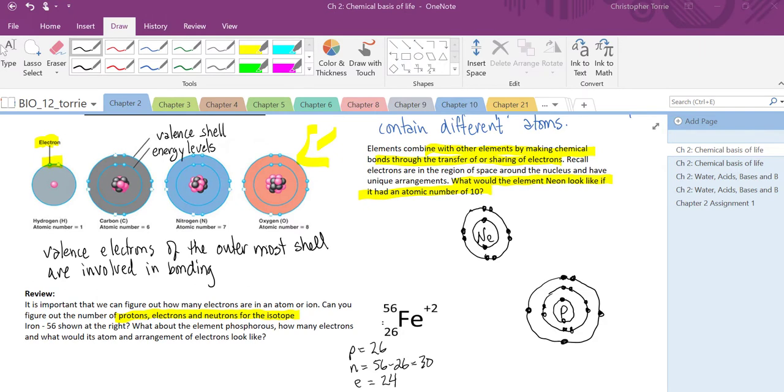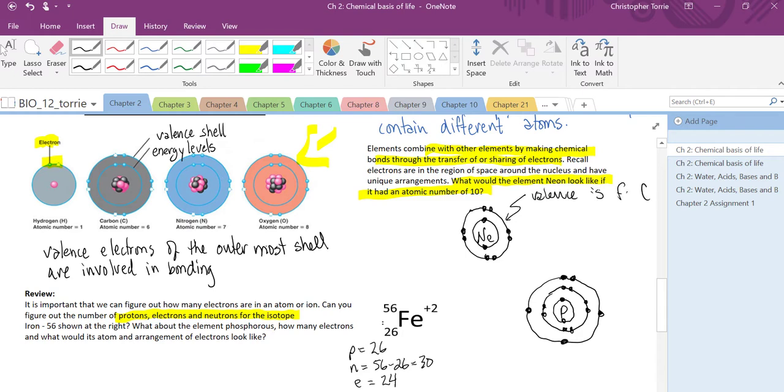Okay, so if you did neon correctly, an atomic number of 10 means that it also has 10 electrons. So with 10 electrons, we would have 2 in the first, 8 in the outer, and what I want you to remember is that the valence shell is full.